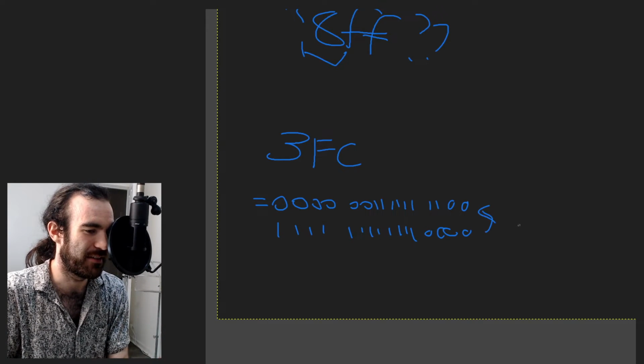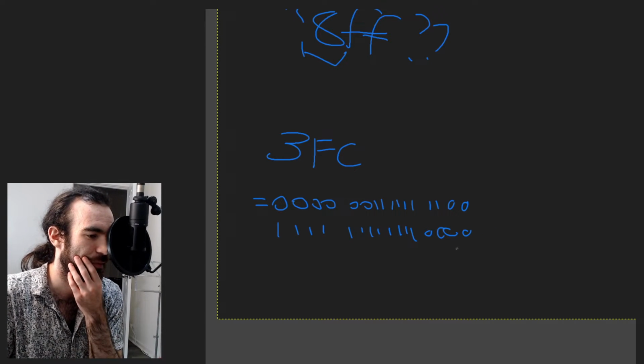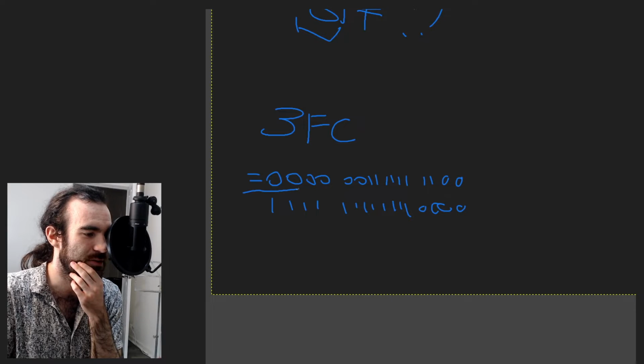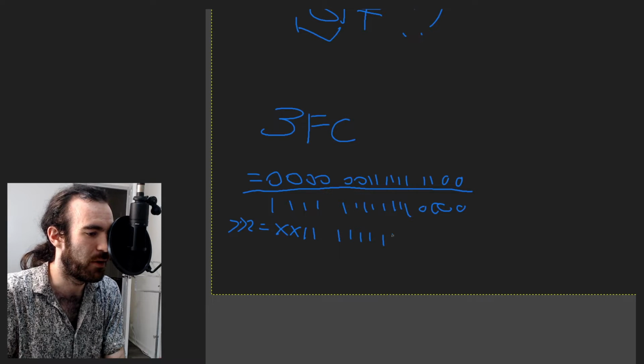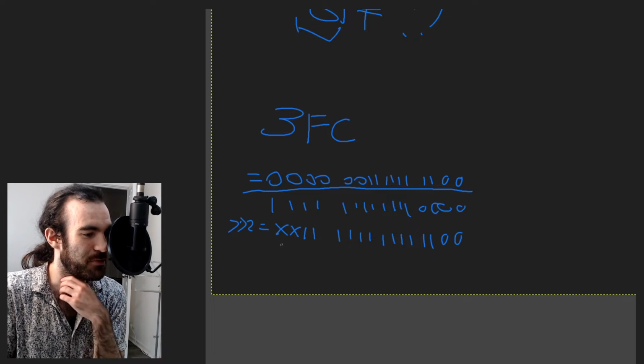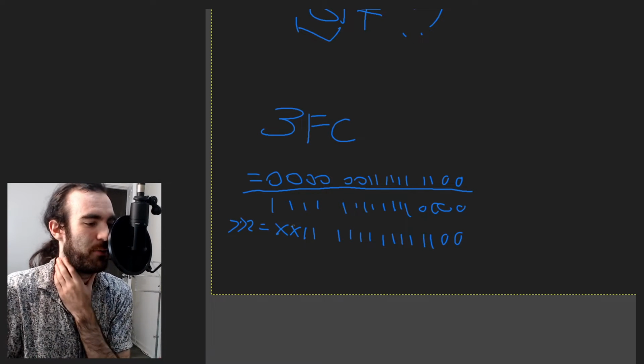What is this? Let's just draw a line under this now. So this number, right shift 2, let's say, xx111111111100, right? This is what it should be, where xx is either 00 or 11.